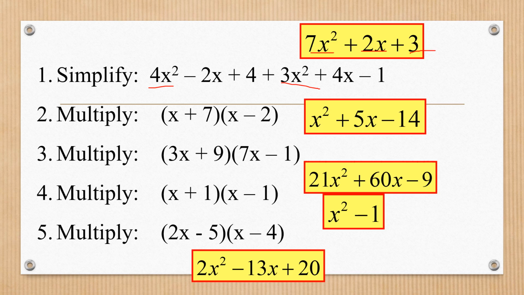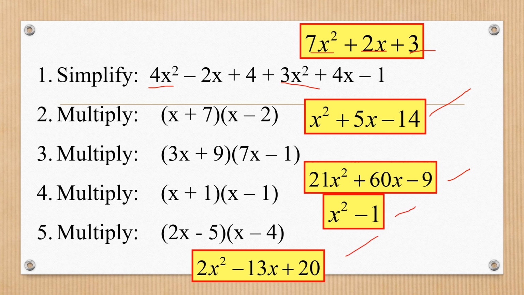Okay, and then in here we can use the FOIL method or the box or tabular method, whichever you like. So we have here x squared, x times x, 7 minus 2 is 5x, and then 7 times 2, so this is correct.